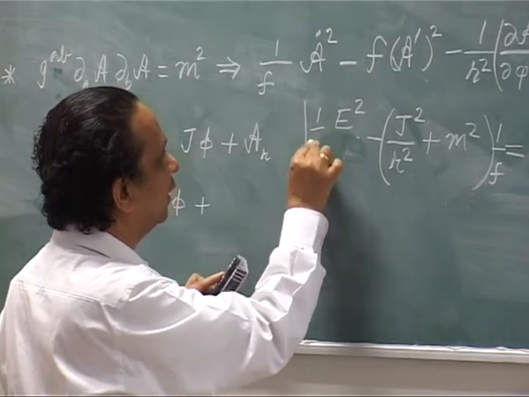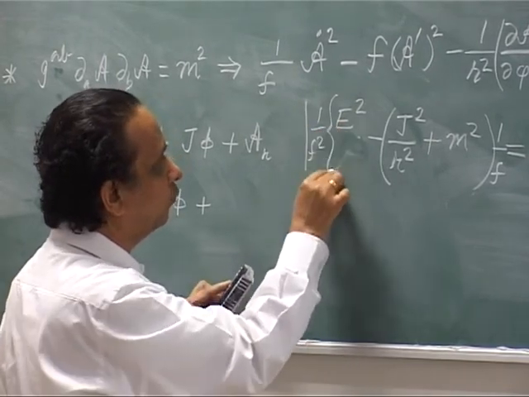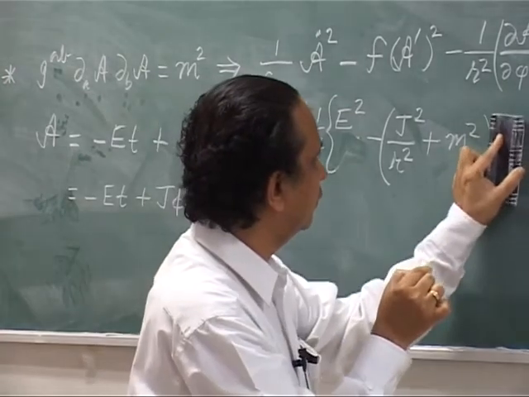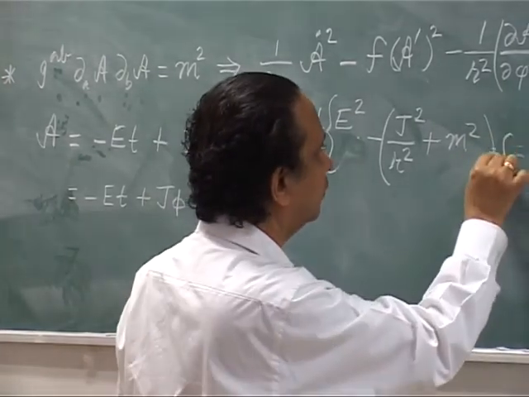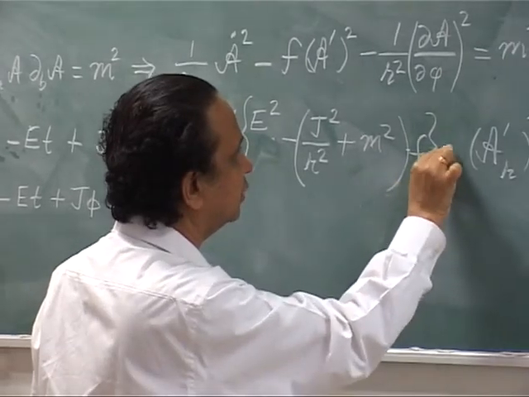So this is 1 by F square times this into F equals this.